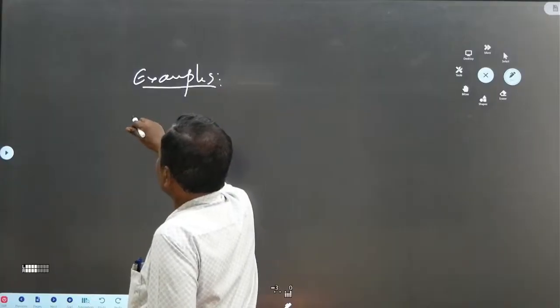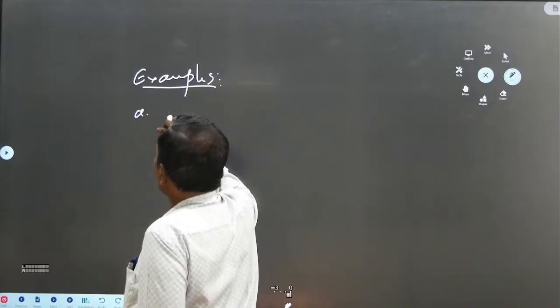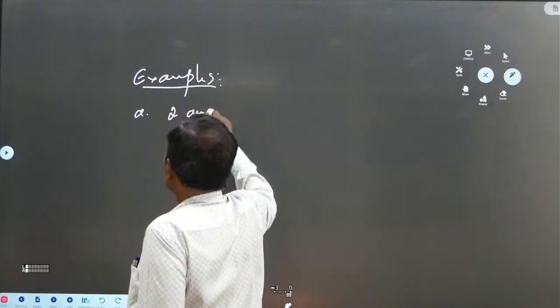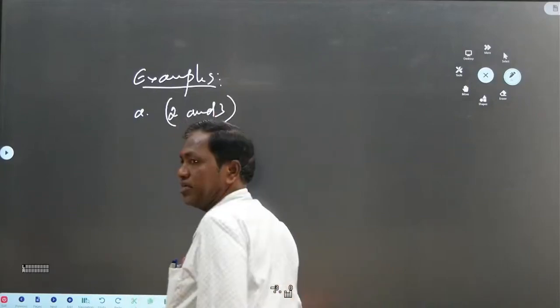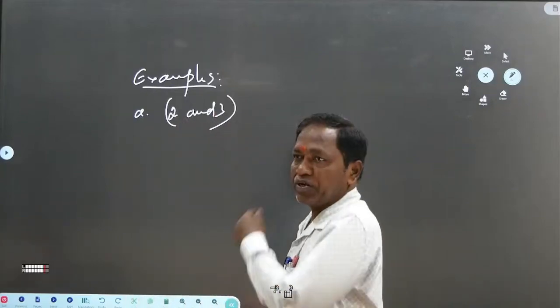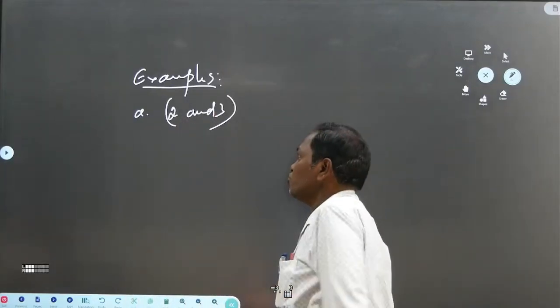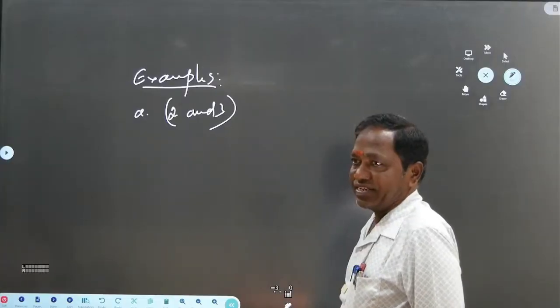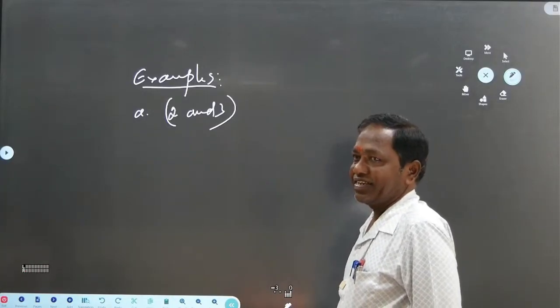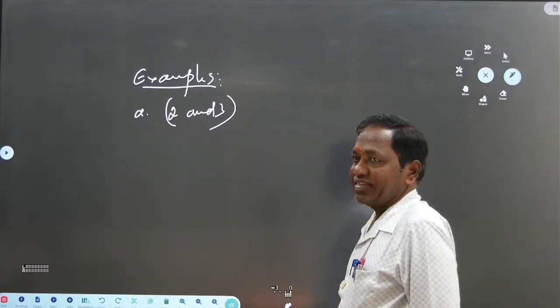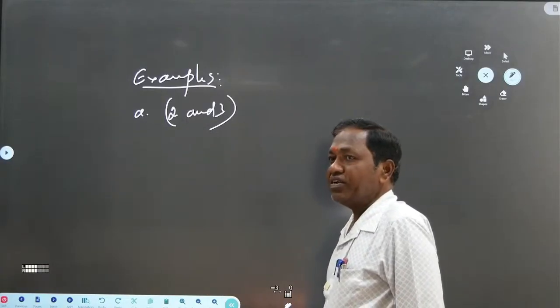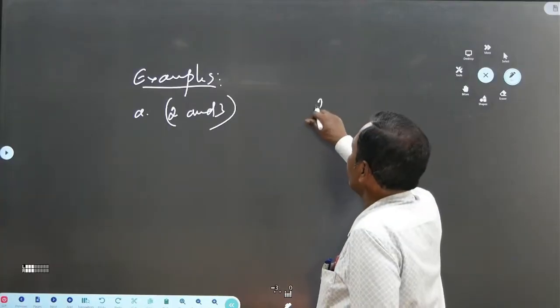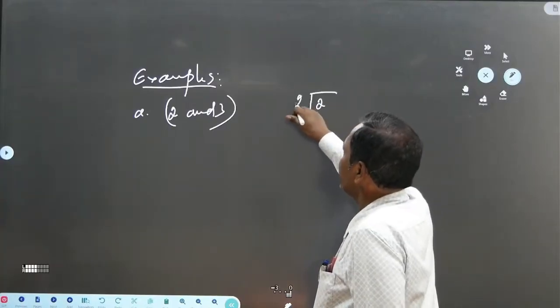Examples. Let us take example A. 2 and 3. We have to say whether they are co-primes or not. So 2 and 3, what is the common divisor? Common factor. What is the common factor of 2 and 3? 2 can be divisible by itself and 1.